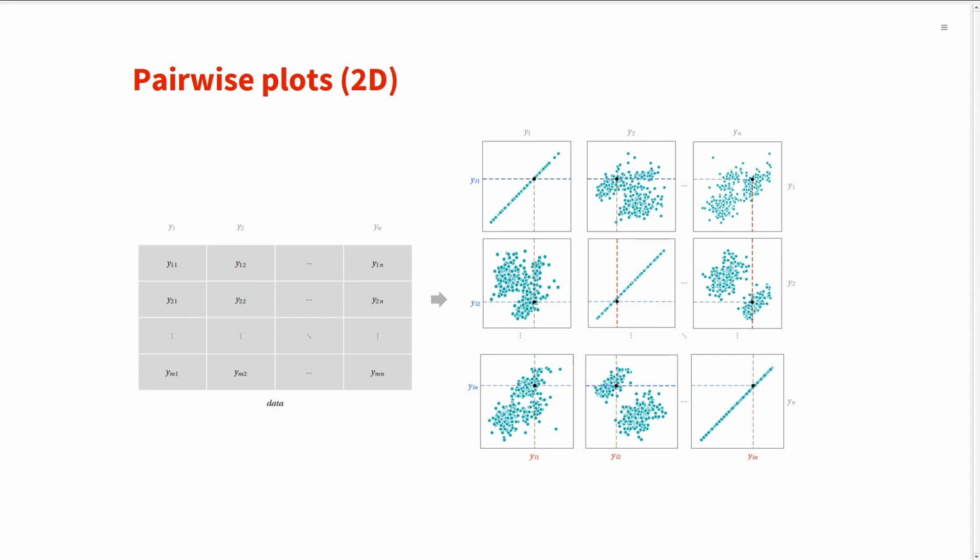This creates the array of list plots that you see on the right. And this plot has a signature look with the diagonal, which is made up of plots of every column against itself. The illustration also shows how a single point in one panel corresponds to its location in other panels.